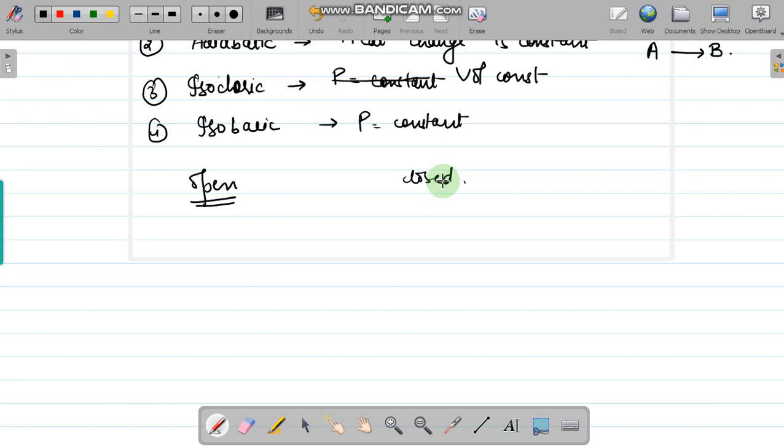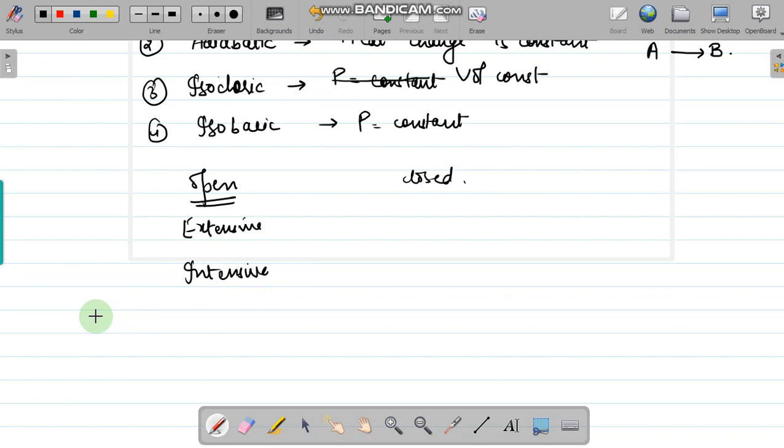Now further moving ahead, we have two types of properties. First we read macroscopic properties. Macroscopic properties are the properties which arise due to the bulk of a system. They can be further divided into extensive and intensive.